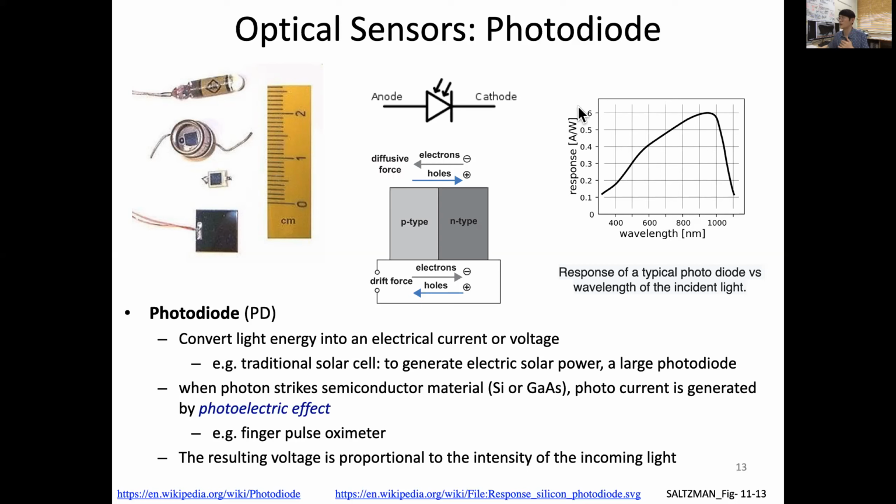You can see the response: as the power of the incoming light increases, you generate a corresponding current in amperes. The response curve seems to be the most sensitive around 950 nanometers, and it gets lower and lower into the UV regime, and you can detect only up to about 1100 nanometers. Higher than that, it's hard to measure using this.